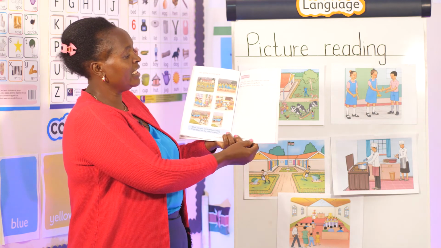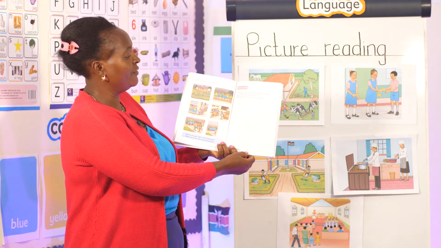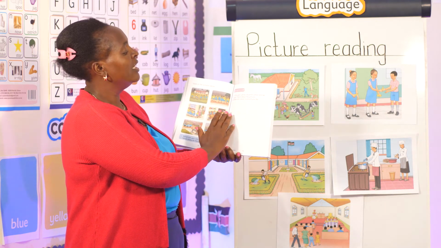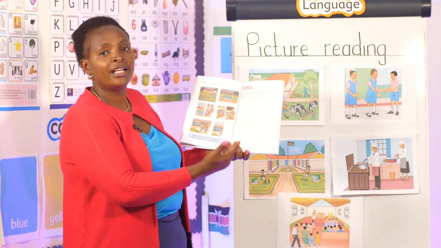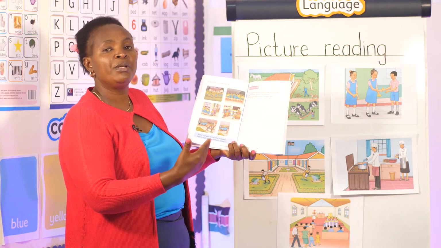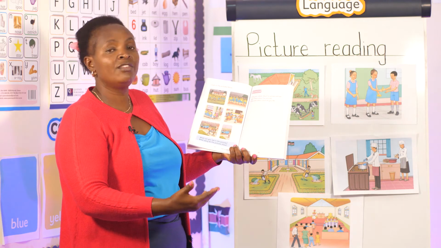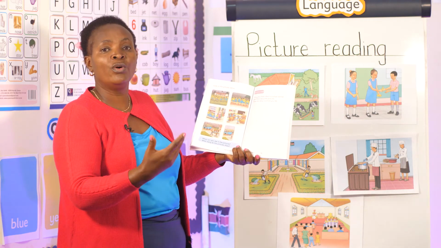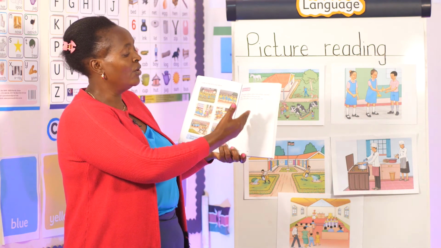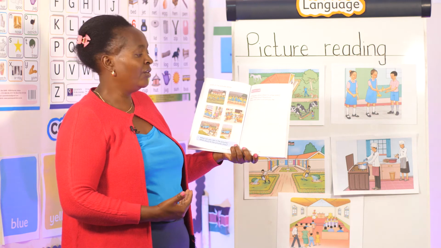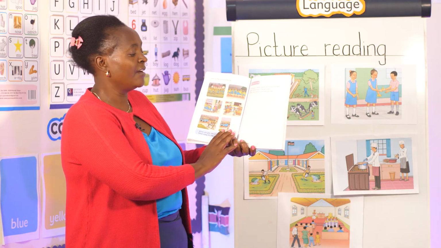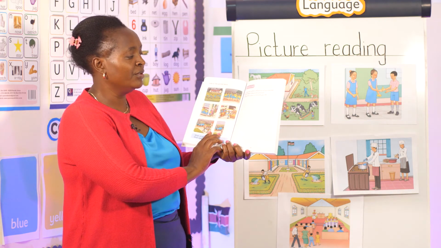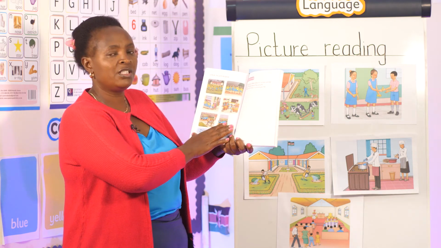On the next page here, on page 54, we are told you can draw and color a picture that you like. The picture that you're going to draw is going to give a lot of information on what you like, on what is happening in the picture. Okay? And if you don't have this book, if you have another book, you can still read what is happening.